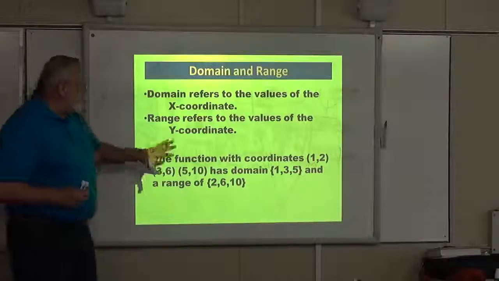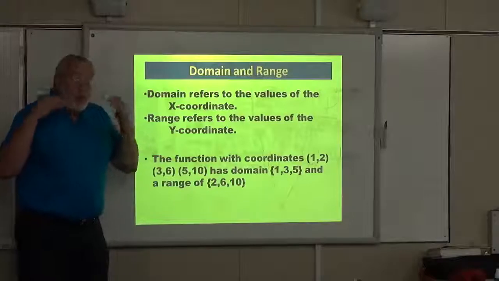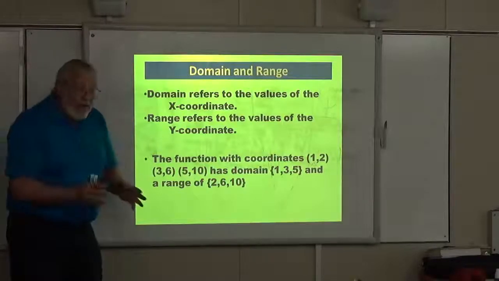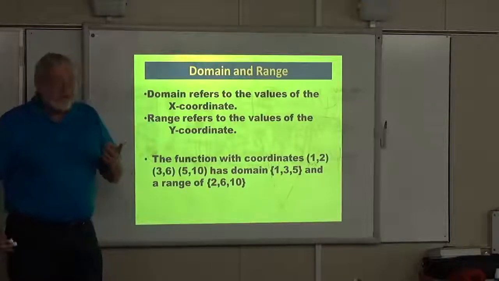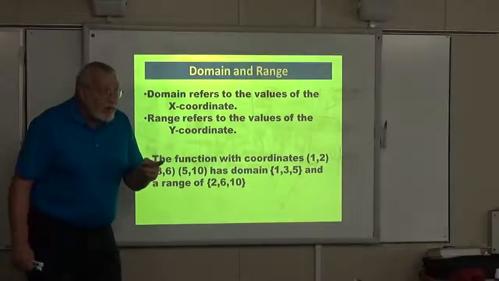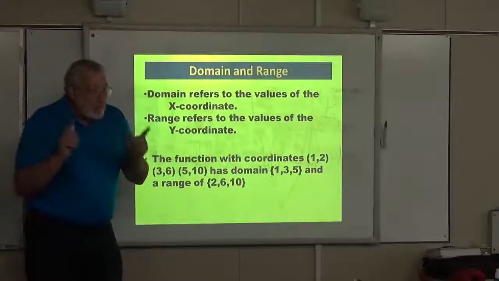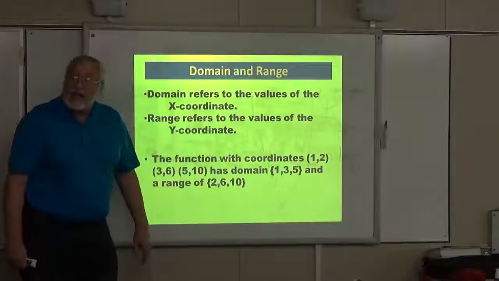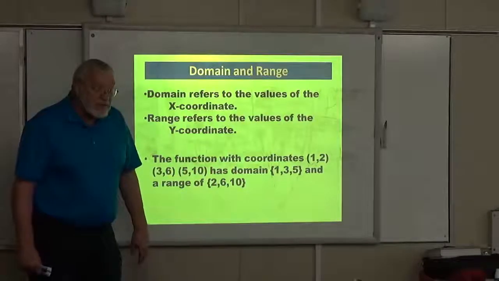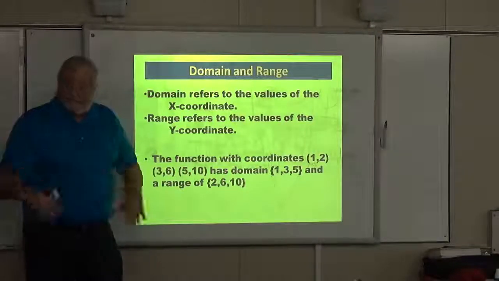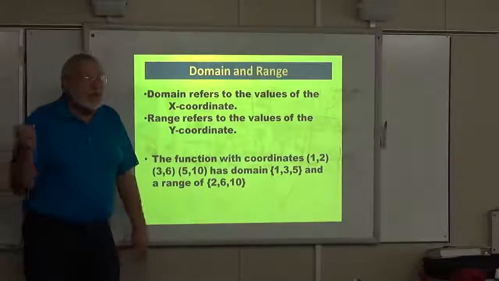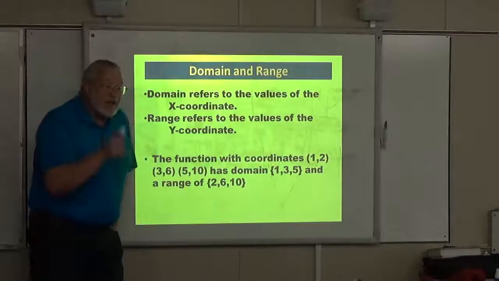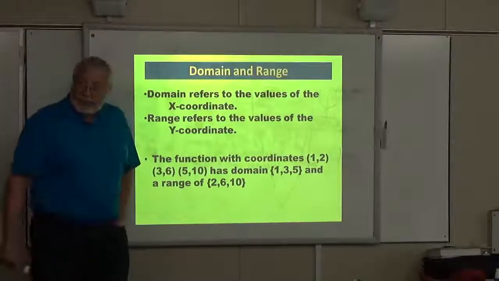All right, in order to determine whether or not you understand the difference between domain and range, we have two choices. I can give you a drawing and ask you to give me the domain and range of the drawing, or I can give you a set of points and ask you for the domain and the range. The second thing you do with a set of points is ask whether or not it's a function. It's a function if the x's do not repeat.